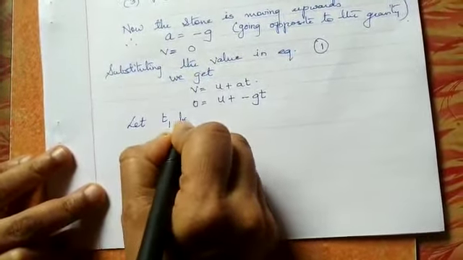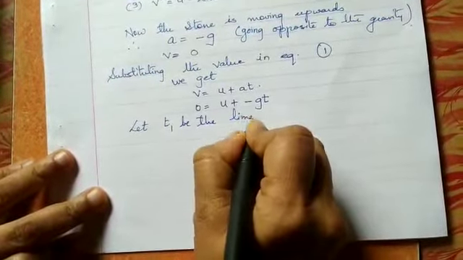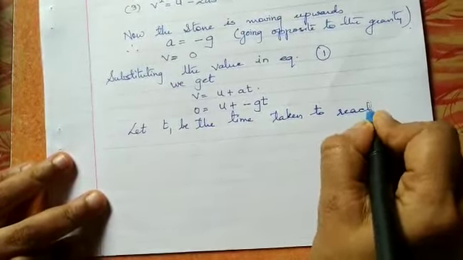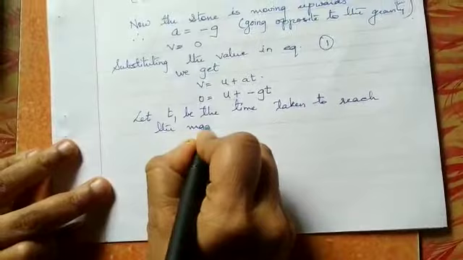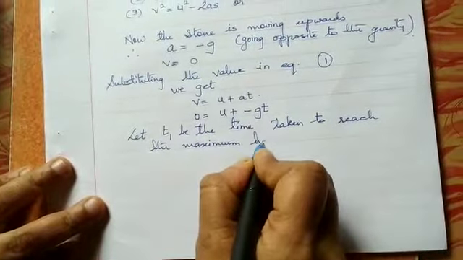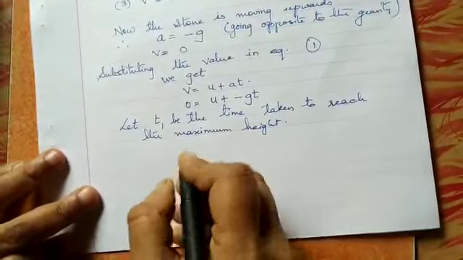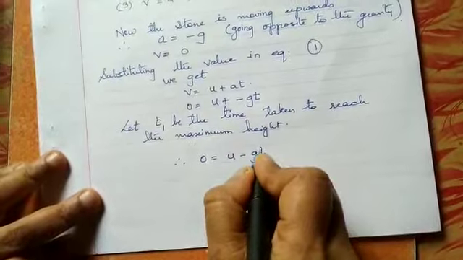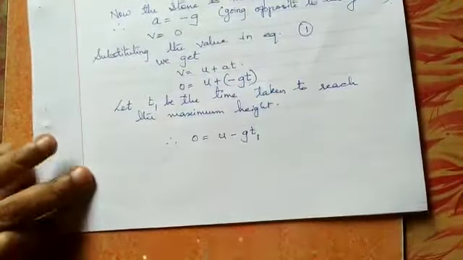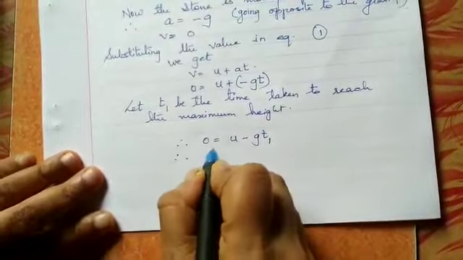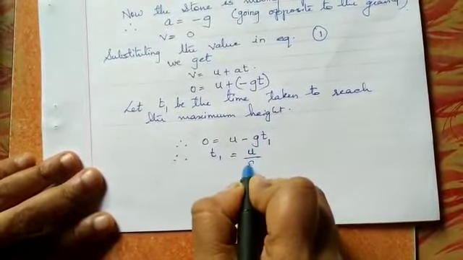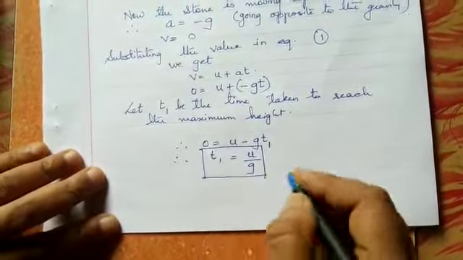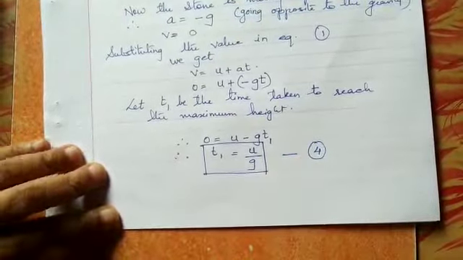Let T1 be the time taken to reach the maximum height. So we will get 0 is equal to U minus GT1. Therefore, T1 is equal to U upon G. We have got the value of T1, that is U upon G. We will give it as equation number 4.